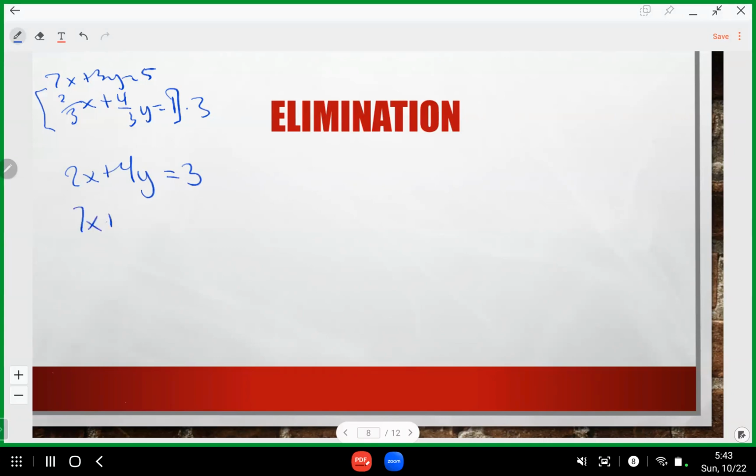Now you have 7x plus 3y is equal to 5. So what you can do is subtract one equation from the other, right? This one is not very good because none of them match up. The purpose of elimination is basically getting rid of one variable, right?